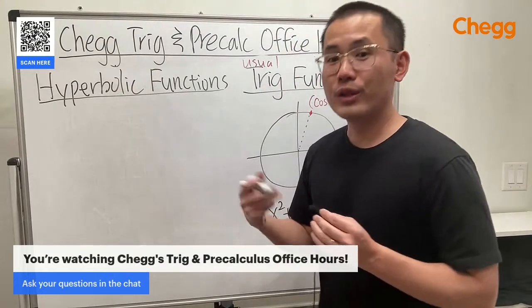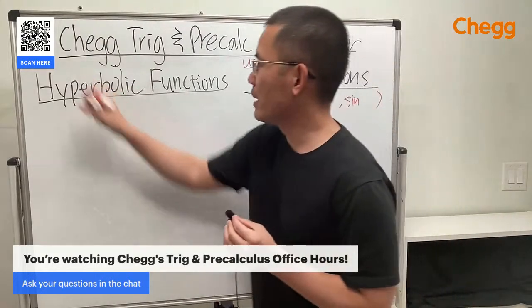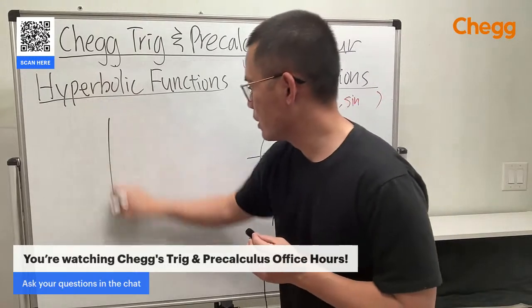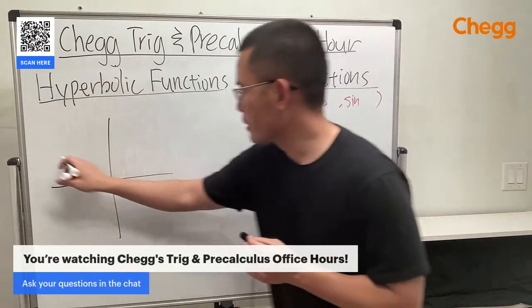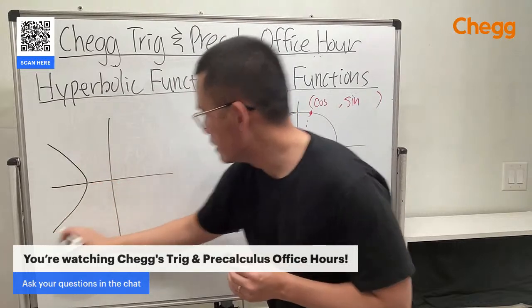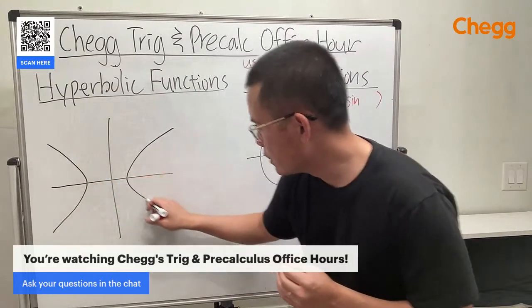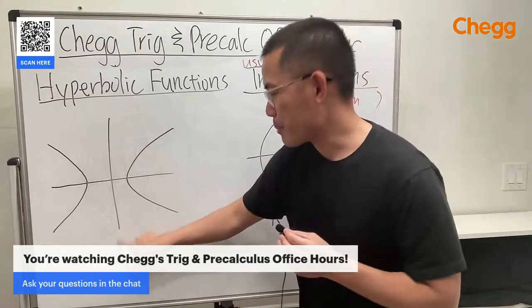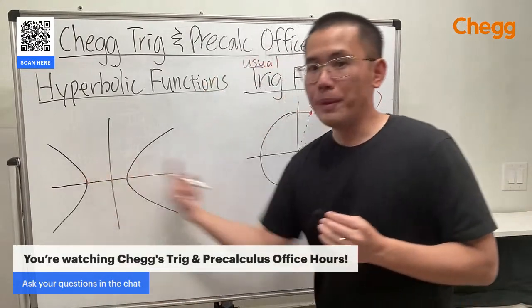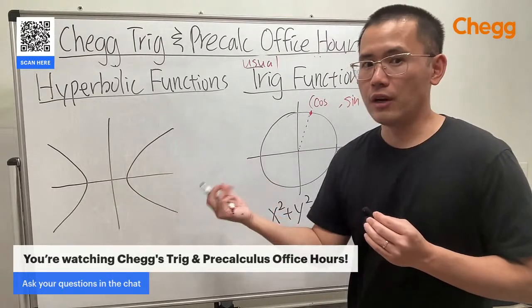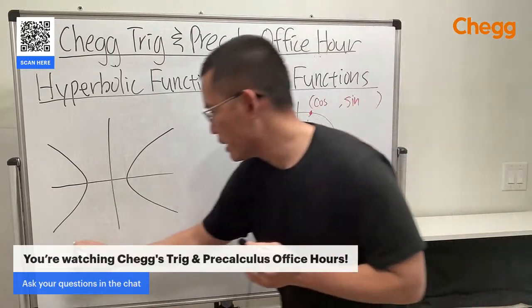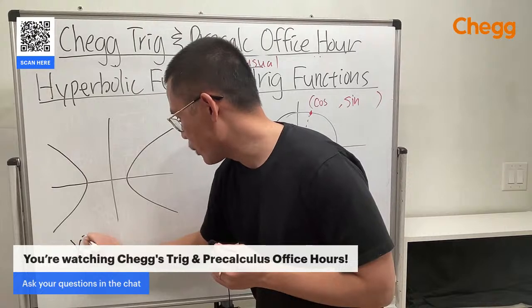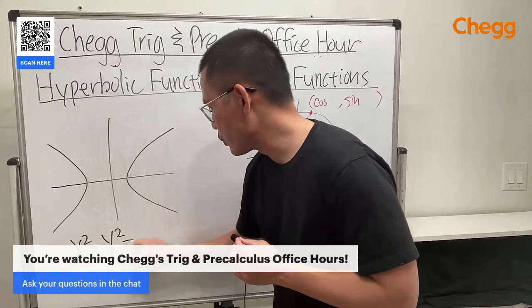Hyperbolic. We're talking about a hyperbola. I'm going to graph it for you. It's open left and right. This is our choice of the hyperbola that we are going to use. The equation for this is x squared minus y squared is equal to 1.